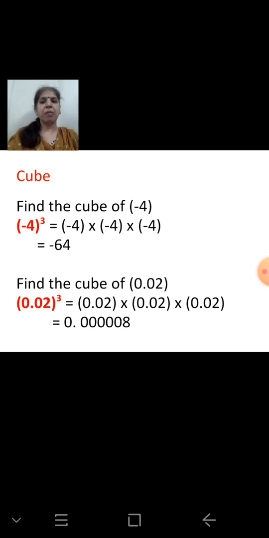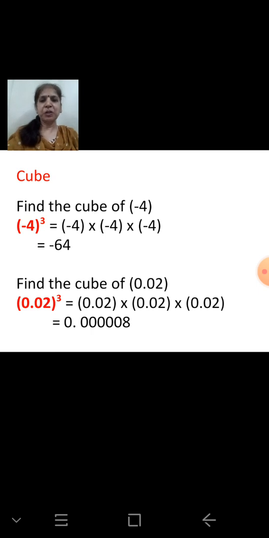So this is what we have studied about the cube. Now keep one thing in mind. Cube of a positive number is positive. Cube of a negative number is negative. The first question was positive, so the answer is positive. Negative cube is negative.